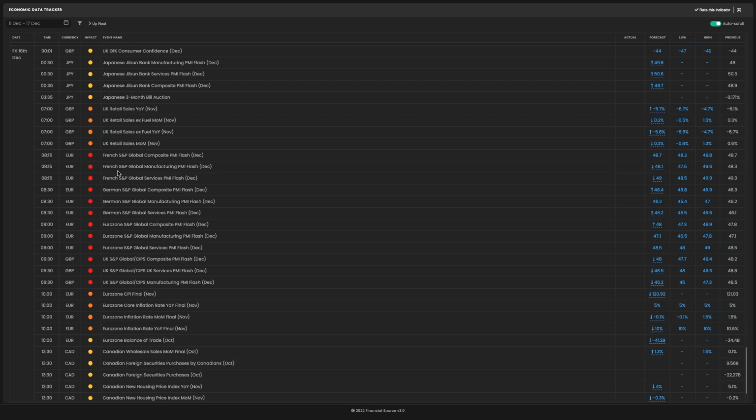What can they really say that changes it? These data points are all expected to come in in contractionary territory, below 50. We already know the bad news is priced in. If it's bad news, that's nothing that people don't know. If it's good news, then we know that any good news is likely to be lost in the wider issues facing Europe with the Russia-Ukraine crisis, surging energy prices and high inflation.